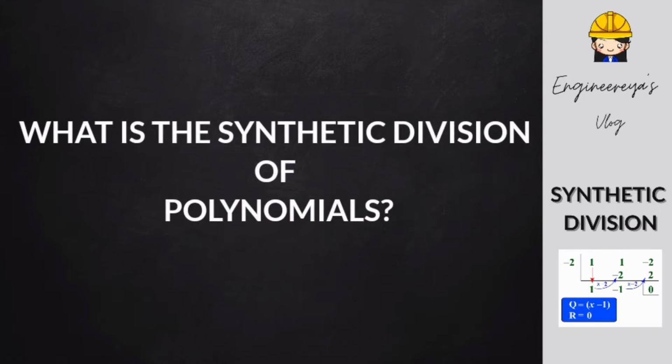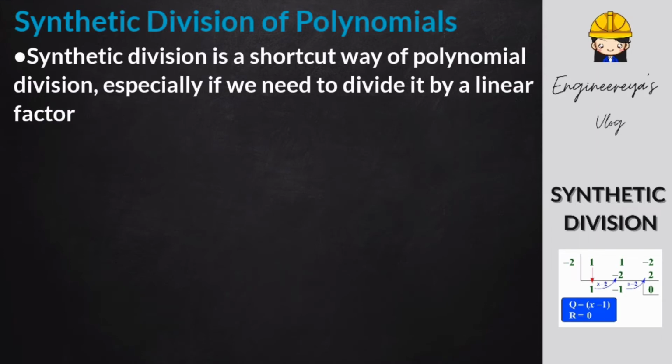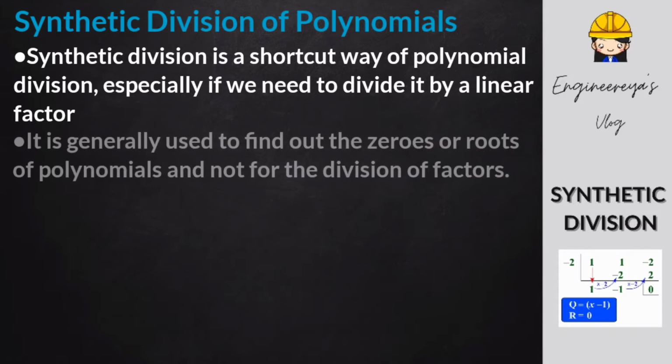First is, what is the synthetic division of polynomials? The synthetic division is a shortcut way of polynomial division, especially if we need to divide by a linear factor. It is generally used to find out the zeros or roots of polynomials and not for the division of factors.